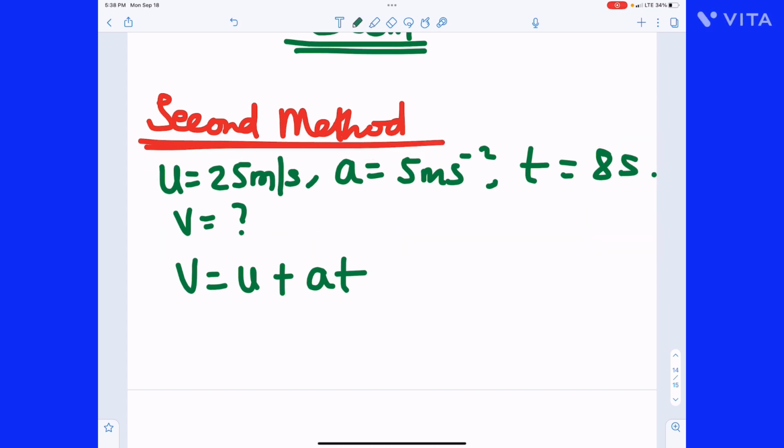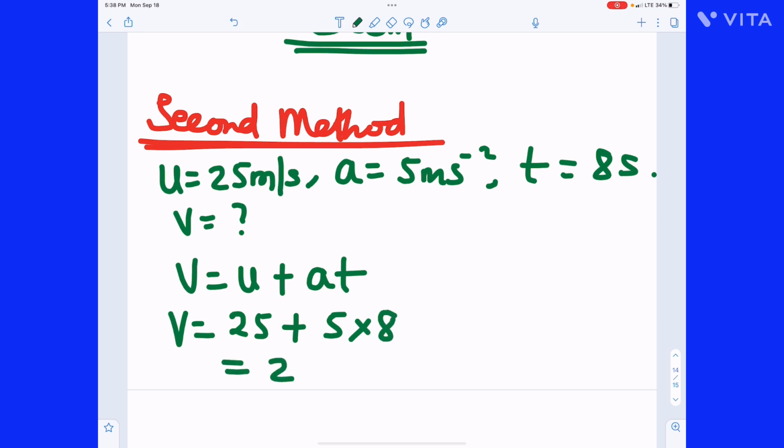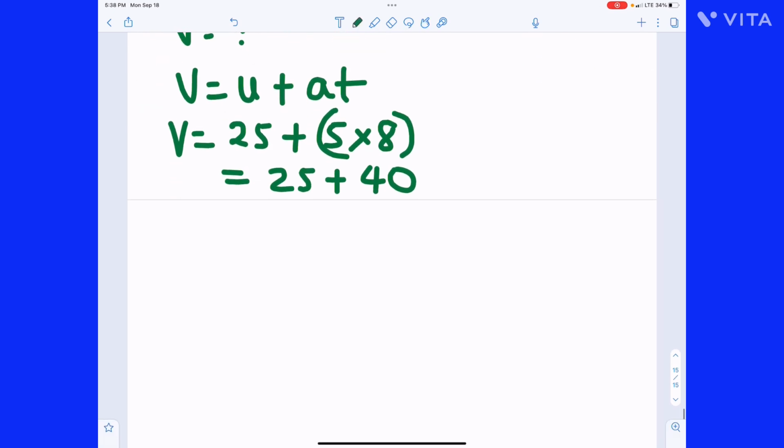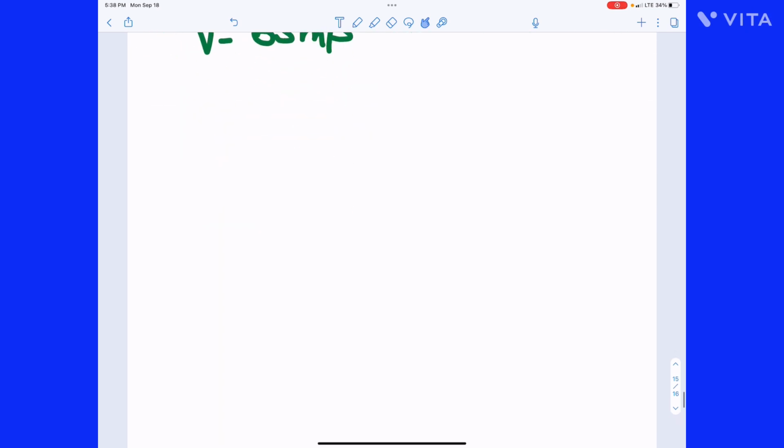Can you see that? So final velocity will be 25 plus 5 times 8. What's 25 plus 5 times 8? That's 25 plus 40. So the final velocity attained, v, is 65 meters per second. So 65 meters per second will now be our b.